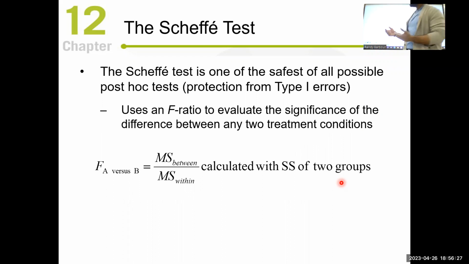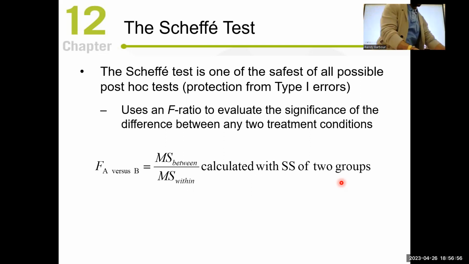So for our F critical, a couple of things we're going to need. I'm going to need my mean squared within, which is 5.87. And my critical region, critical F, is 3.86.